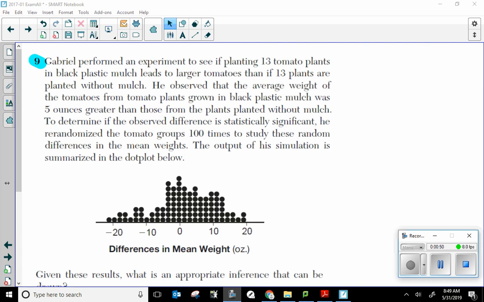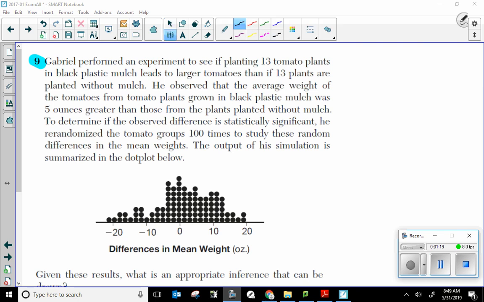Gabriel performed an experiment to see if planting 13 tomato plants in black plastic mulch leads to larger tomatoes than if 13 plants are planted without mulch. He observed that the average weight of the tomatoes from tomato plants grown in black plastic mulch was 5 ounces greater than those from the plants that were planted without mulch.